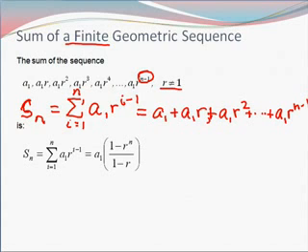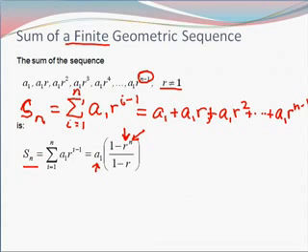Now, rather than having to calculate all this out, they found a very nice formula for us to use where all we have to know is a1, r, and n, and we can calculate this sum. So take a second to write down the formula. a1 times 1 minus r to the n power all over 1 minus r.